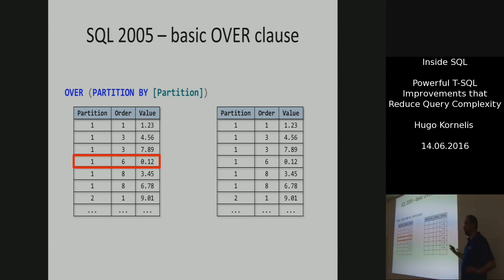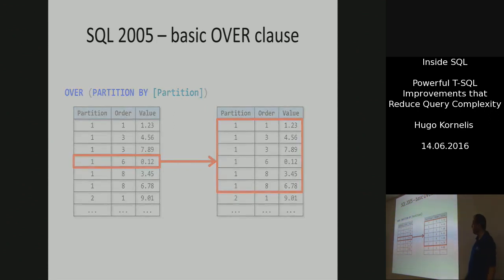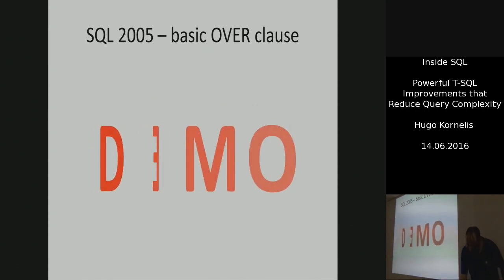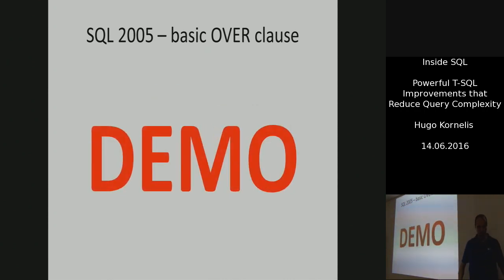So here's a logical copy of the results, and the OVER clause, because of the PARTITION BY, gives access to this set of rows, all the rows that have the same value in the partition column. And then the aggregation is done on this set of rows. So you can do a SUM of order and you get the total of all these numbers. Let's look at the demo to see this in action.